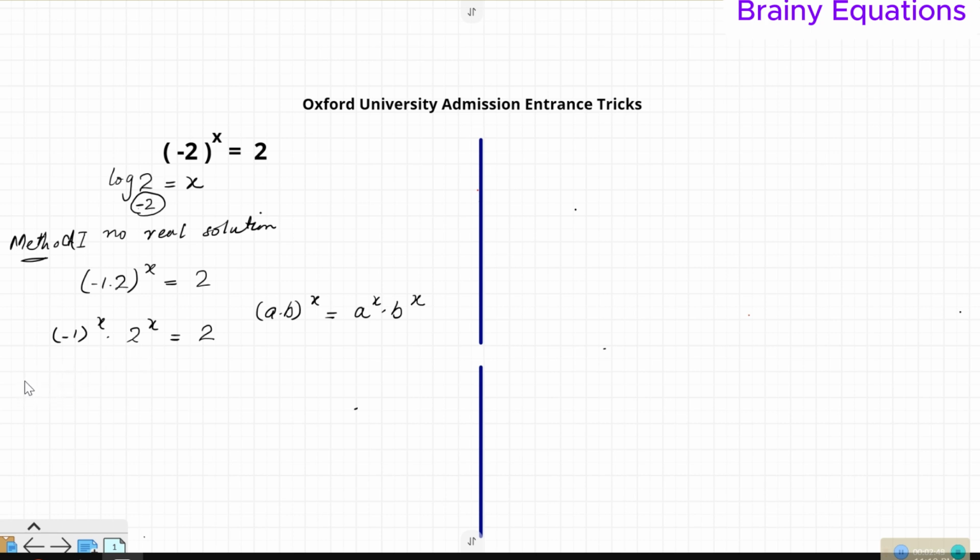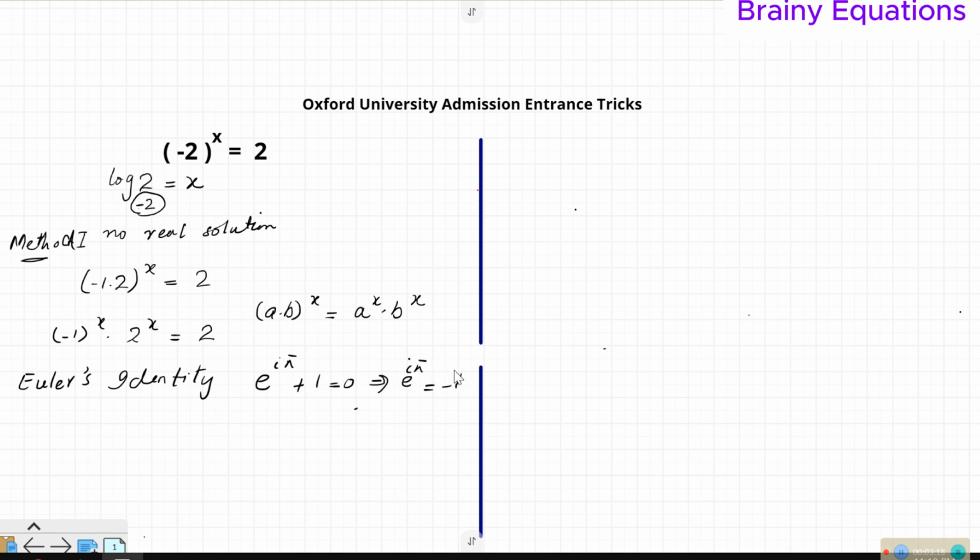From here we can use Euler's identity. It is a very interesting identity. According to this identity, e^(i pi) + 1 = 0, or if we take 1 from the left side to the right side, we can write e^(i pi) = -1.